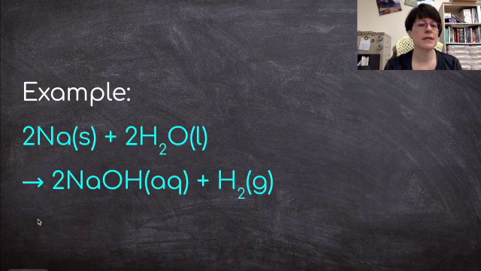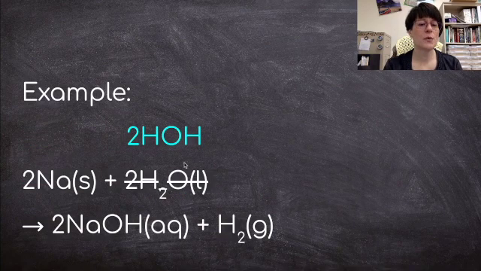An example is we take solid sodium, we add it to water, and we get aqueous sodium hydroxide and hydrogen gas. And you've seen that before in a video in my class.